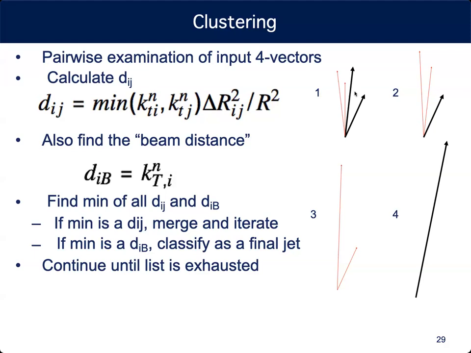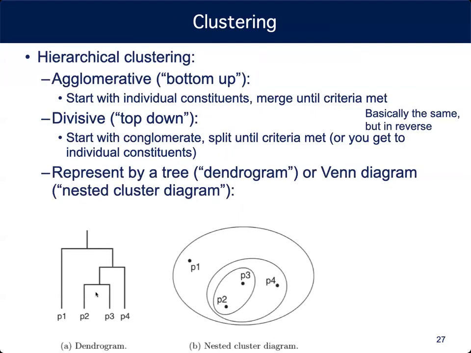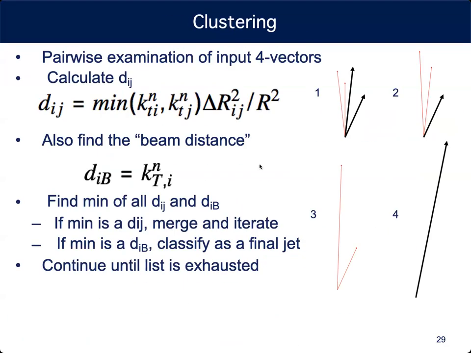Graphically, suppose you have 4 particles. I'm going to show this as snapshots in time. Let's say I consider these 2 particles first, and I combine them together and form a particle over here.